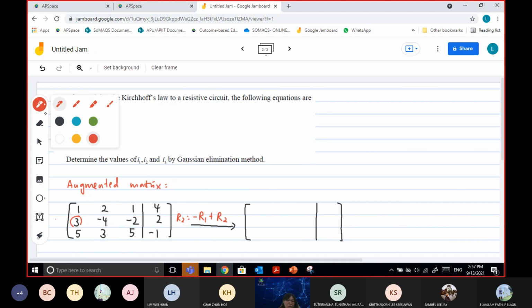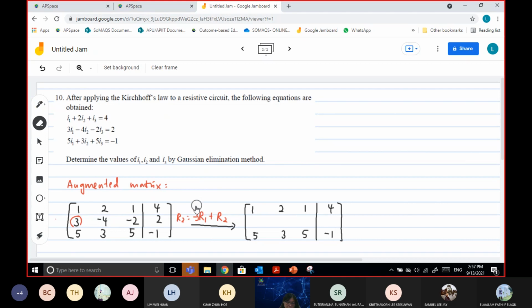Since the operation is only on the second row, the first row and third row values remain. So 1 times negative, sorry, I forgot about the 3. Negative 3R1 plus R2.